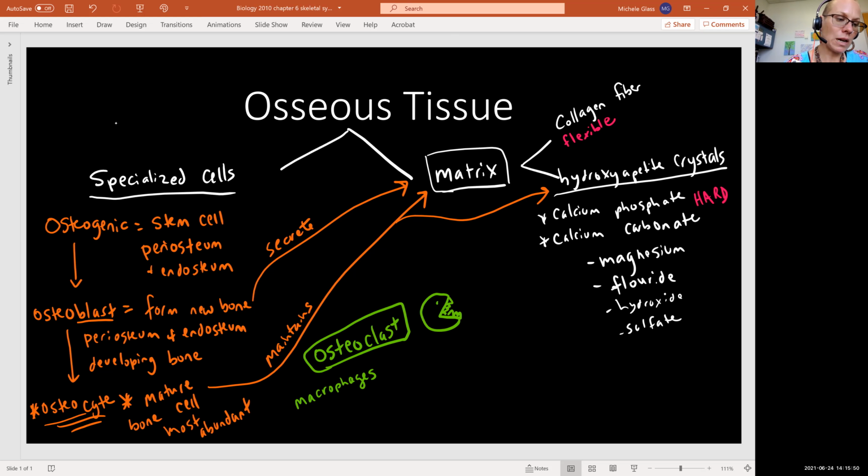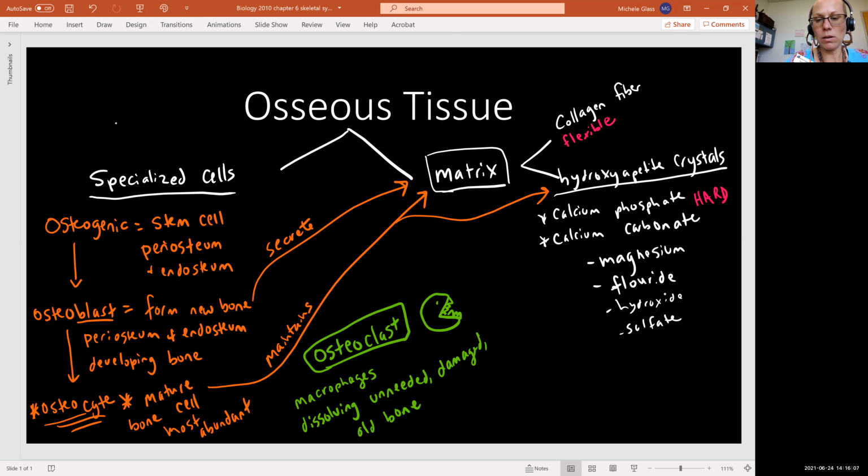Osteoclasts have the job of dissolving unneeded, damaged, or old bone.